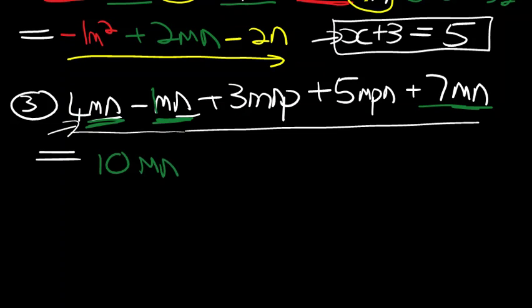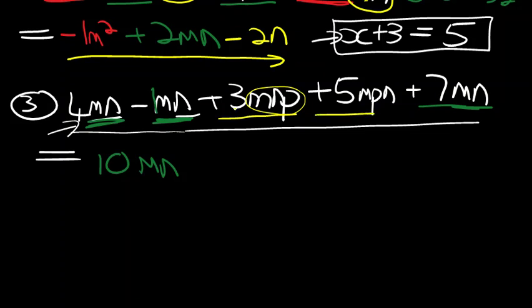The next step can be a bit confusing. Now look at this. It's plus 3mnp. That's in alphabetical order, m, n, and after n follows p. Usually you would like to write your terms alphabetically. It cancels out any confusion.